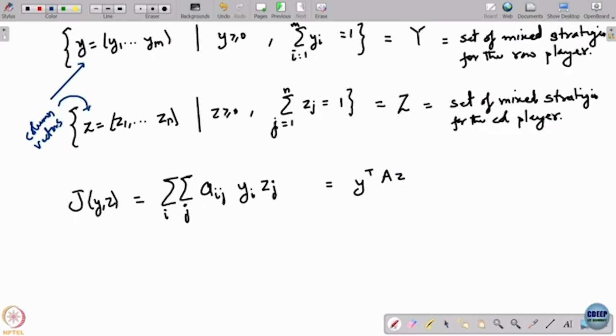So now what you have is a zero sum game, but where the strategies are y and z. Earlier the strategies were I and j. Now the strategies are y and z.